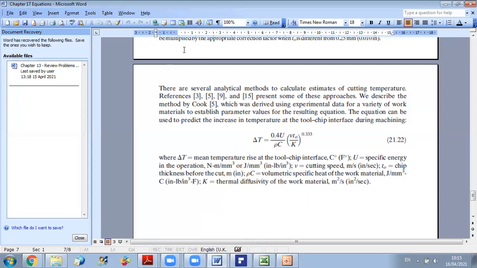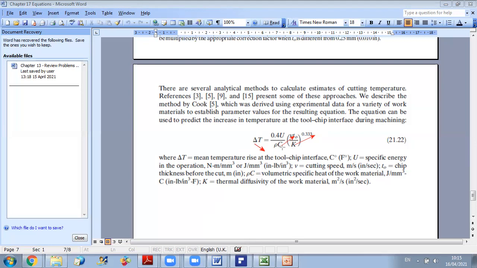So you can see that the higher the diffusivity, the more delta T is expected to be reduced. And also the higher the volumetric specific heat, delta T will also be reduced. Because in general, if the diffusivity coefficient is high, this will help in the evacuation of heat.